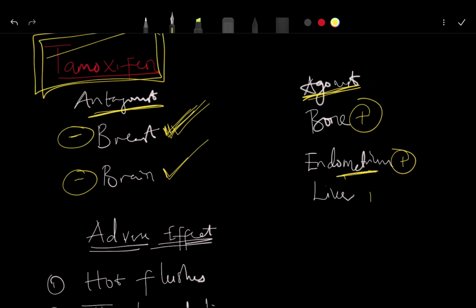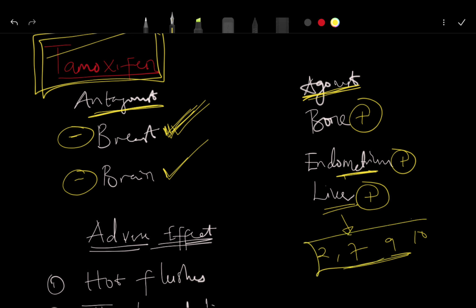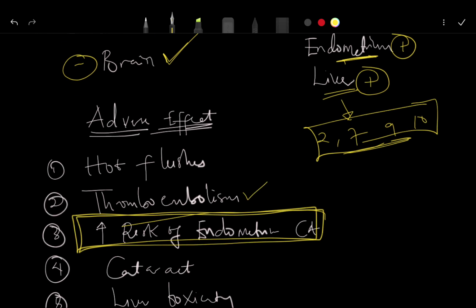Then for the liver again, it acts as an agonist in the liver, and when it stimulates the liver, it will lead to the synthesis of clotting factors 2, 7, 9, and 10. And when these are synthesized in increased number, the risk of clotting, the risk of thromboembolism increases. So that's why you are seeing thromboembolism here.